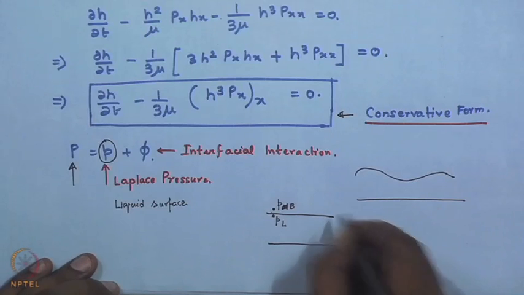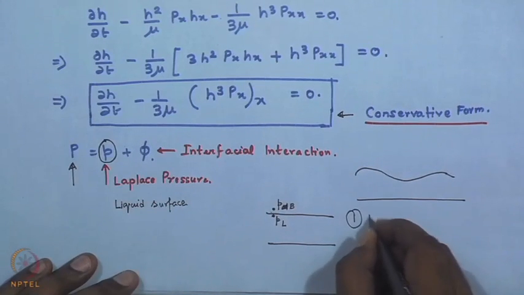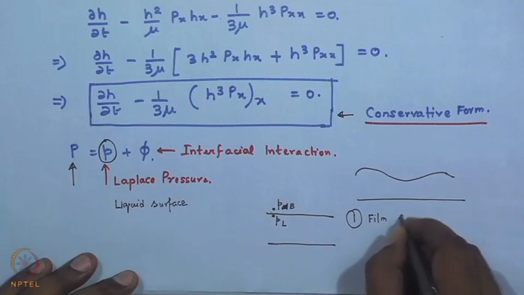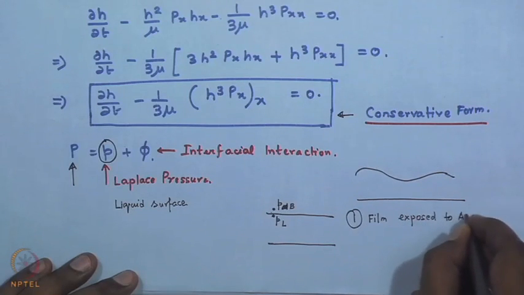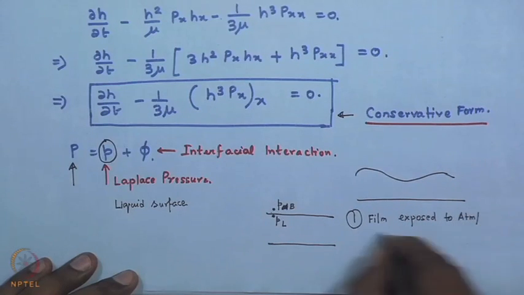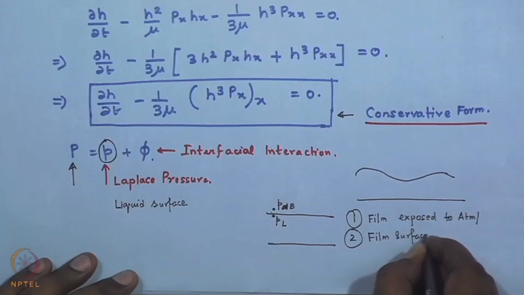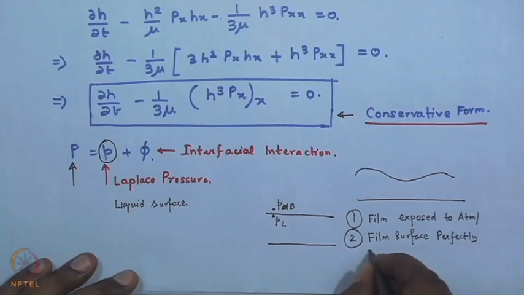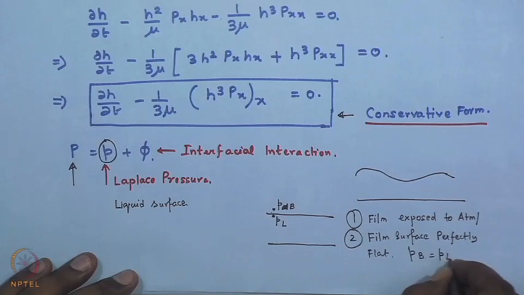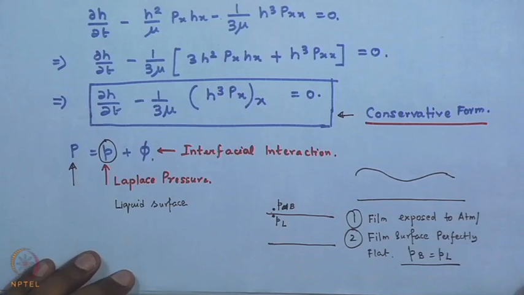So, had this film been perfectly flat, then we know that the surface being in mechanical equilibrium, Pb would have been equal to Pl.